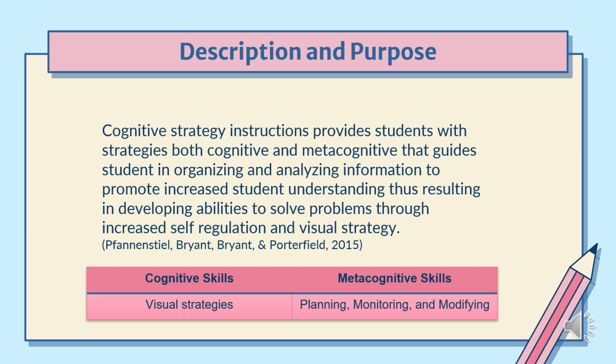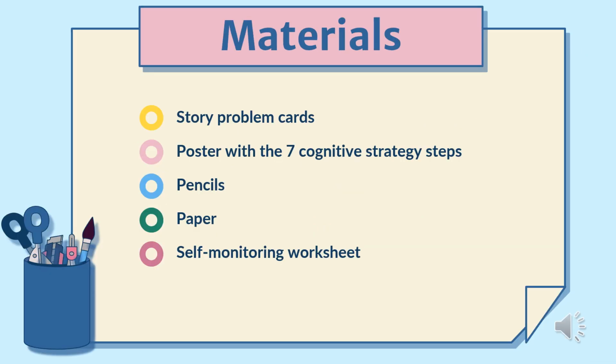Metacognitive skills involve the ability to plan, monitor, and modify approaches when problem solving. When these strategies are combined through explicit instruction, they have been found to promote student skill acquisition and increase their understanding of problem solving. The materials necessary for this intervention are commonly found around the classroom. All that's needed are story problem cards, a poster displaying the 7 cognitive strategy steps, pencils, paper, and of course, our self-monitoring worksheets.